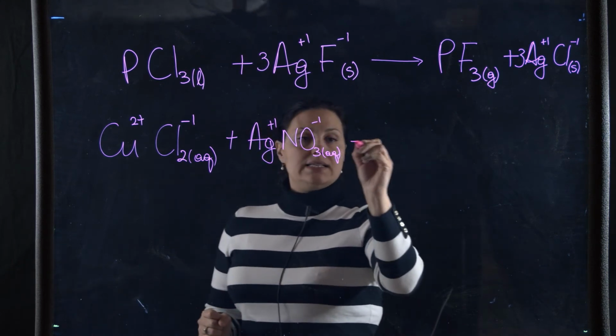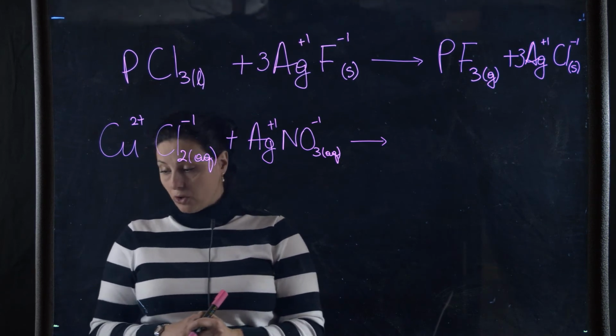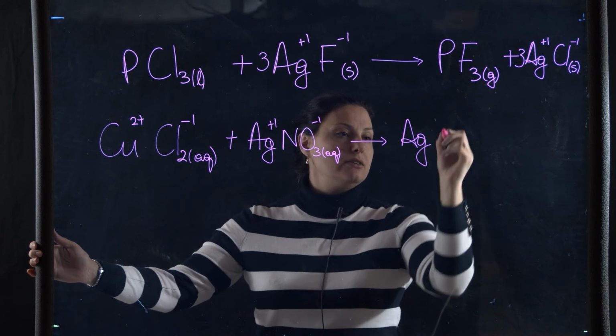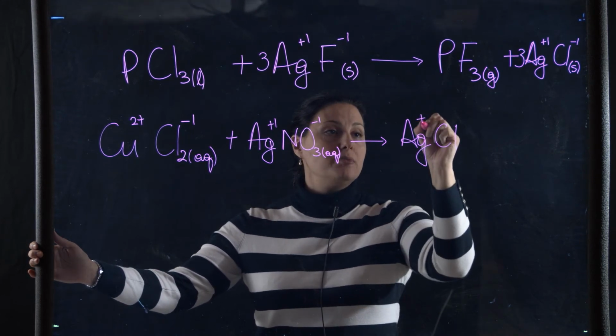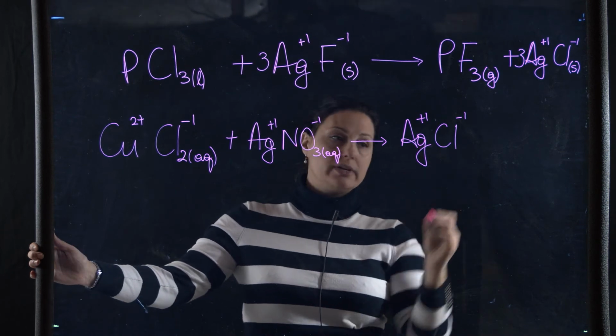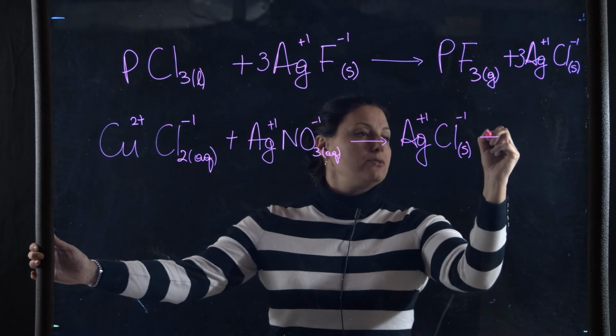I mix these and it tells me that I form silver chloride solid. Silver chloride. Silver is a +1. Chloride is a -1. Therefore, the way it's written, it's neutral. And it tells me that it's a solid compound.